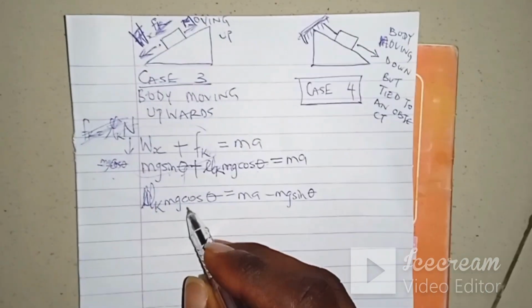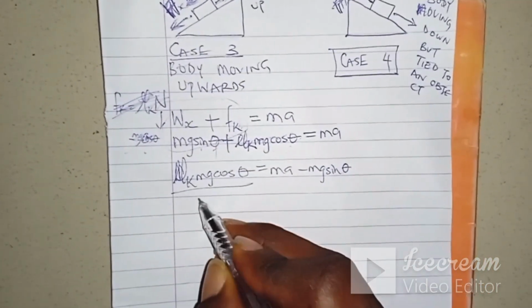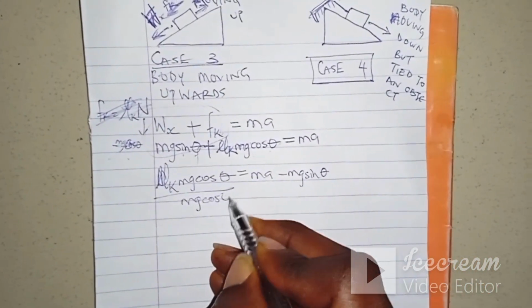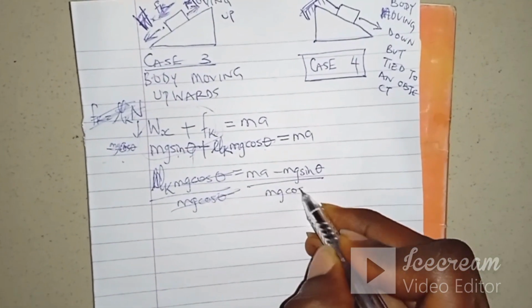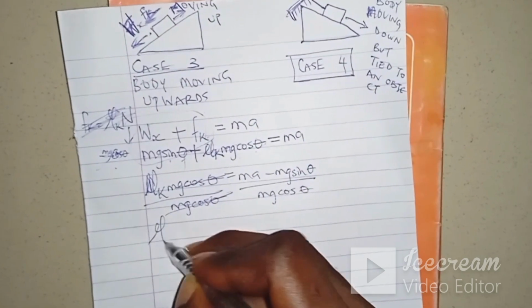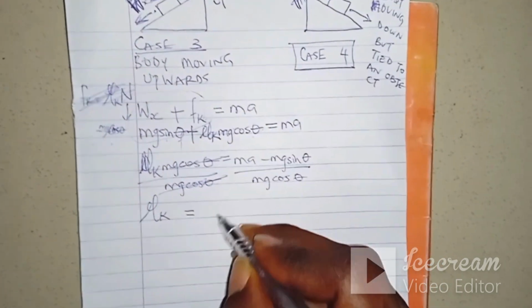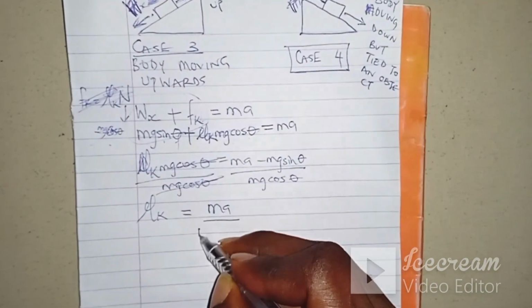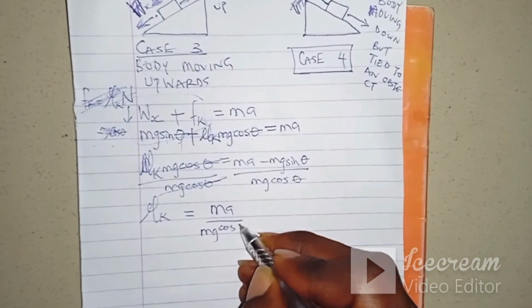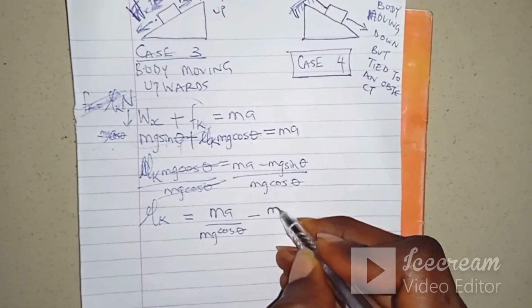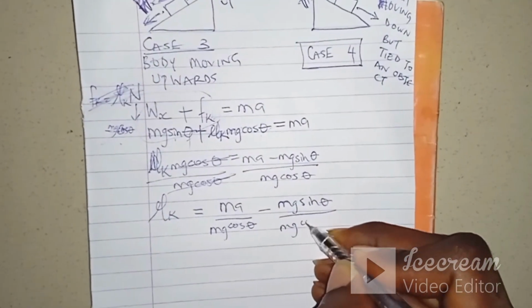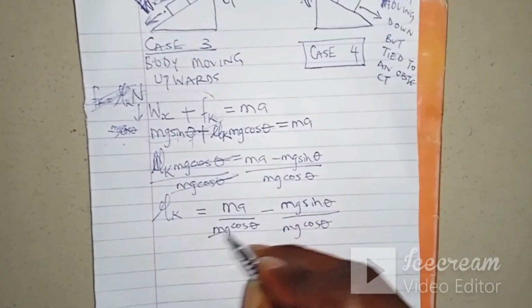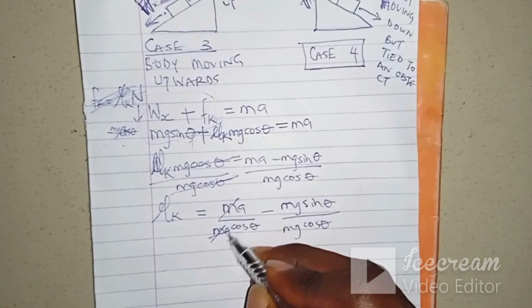Then you can divide both sides by mg cos theta, which means the coefficient of kinetic friction is equal to ma over mg cos theta minus mg sin theta all over mg cos theta.